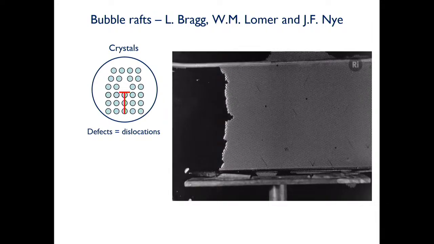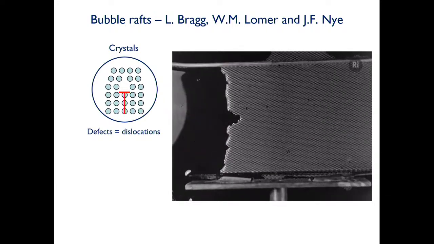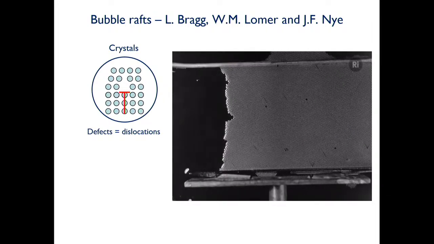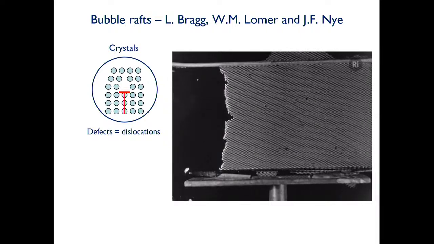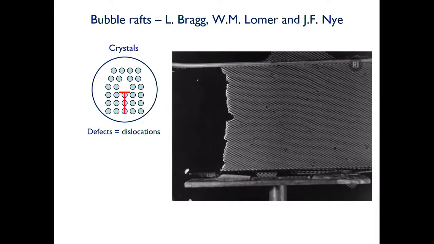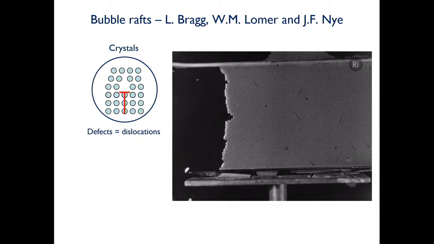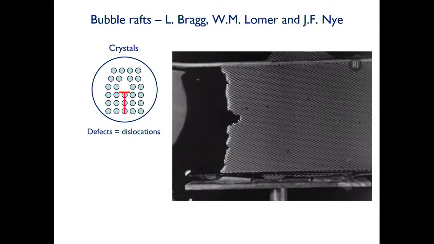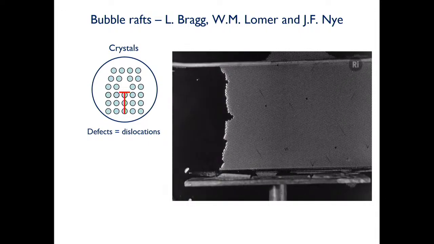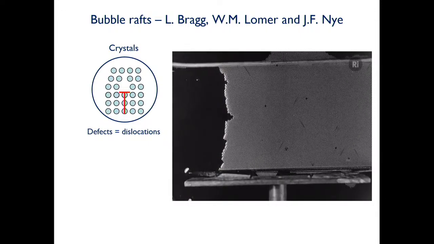What you're seeing is a bubble raft, created on an air-water interface. You just put bubbles and compress them to high densities. They form these crystalline rafts, and these crystalline rafts show many of the defects that you find even in atomic systems.